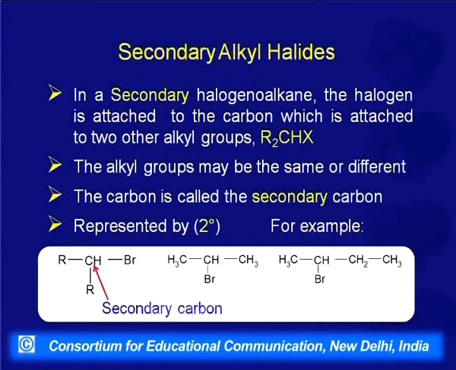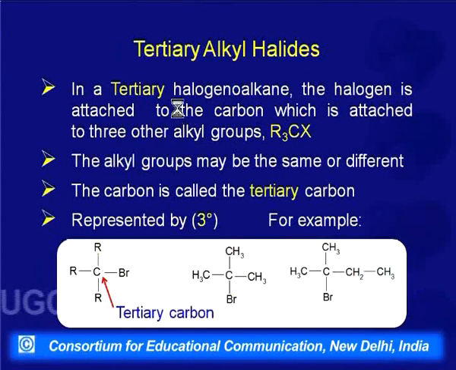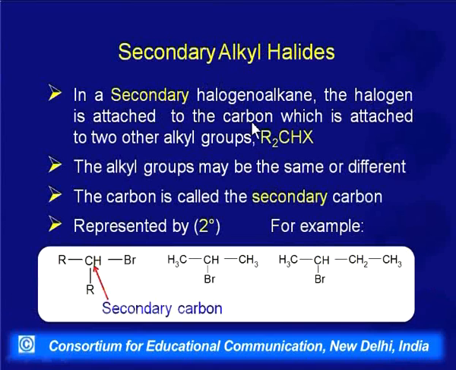The secondary halides: in a secondary halogenoalkane or alkyl halide, the halogen is attached to the carbon which is attached to 2 other alkyl groups. So, by that norm, the general formula comes to R2CHX. The alkyl groups may be the same or different.